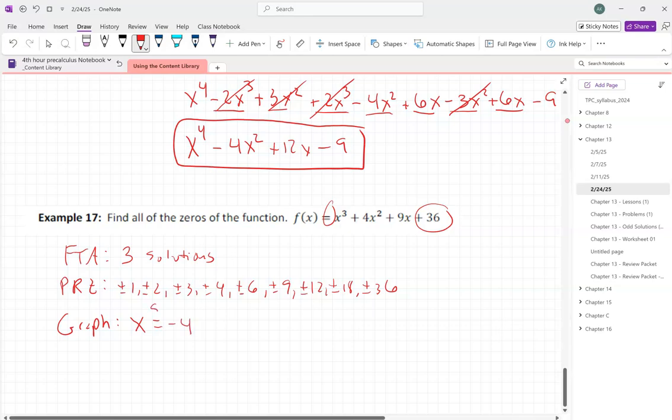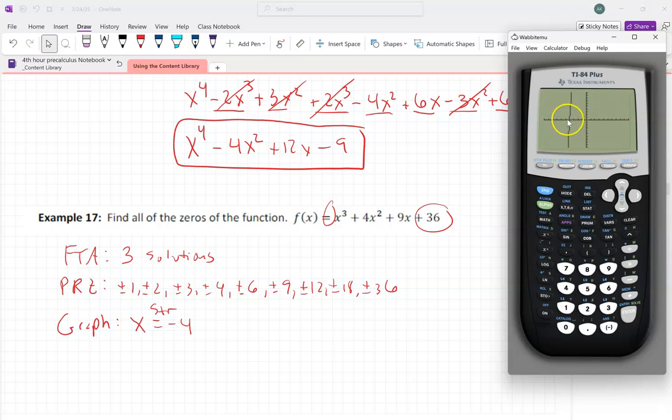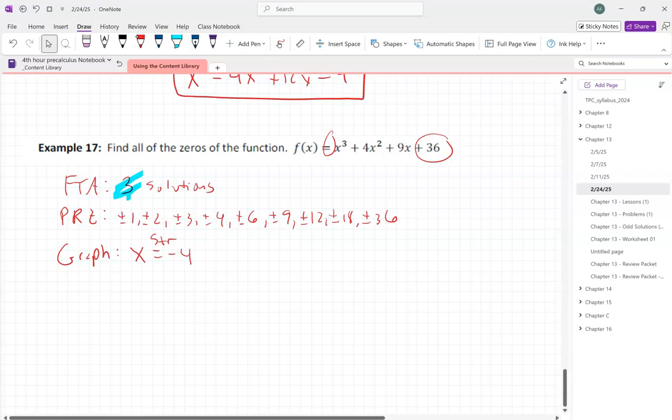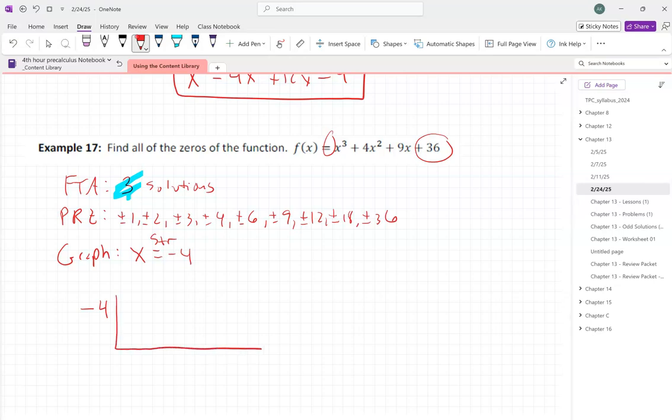And I noticed that was a bounce, right? So that's just going to count as one solution. But I am looking for 3. Where are the other 2 solutions going to be? They're going to be imaginary. So we're going to have to find those algebraically. I'm not going to be able to get those off of the calculator. Even if I graph and use the zero command, it will not find those ones. All right, well, let's start doing our synthetic division.